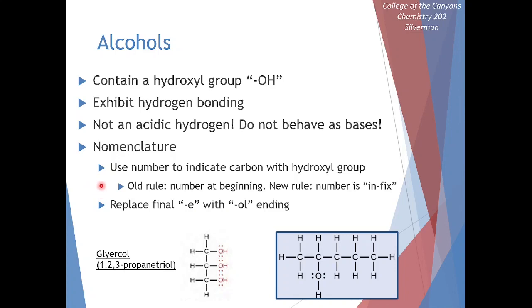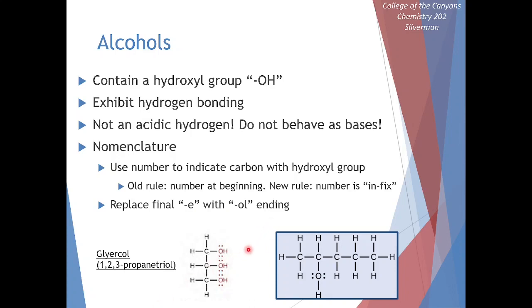Instead of the ending for alkanes, alkenes, or alkynes, we're going to change the ending to OL. We are also going to indicate where that hydroxyl group is in our molecule. And so we can use an infix. We'll have a number right before that OL ending.